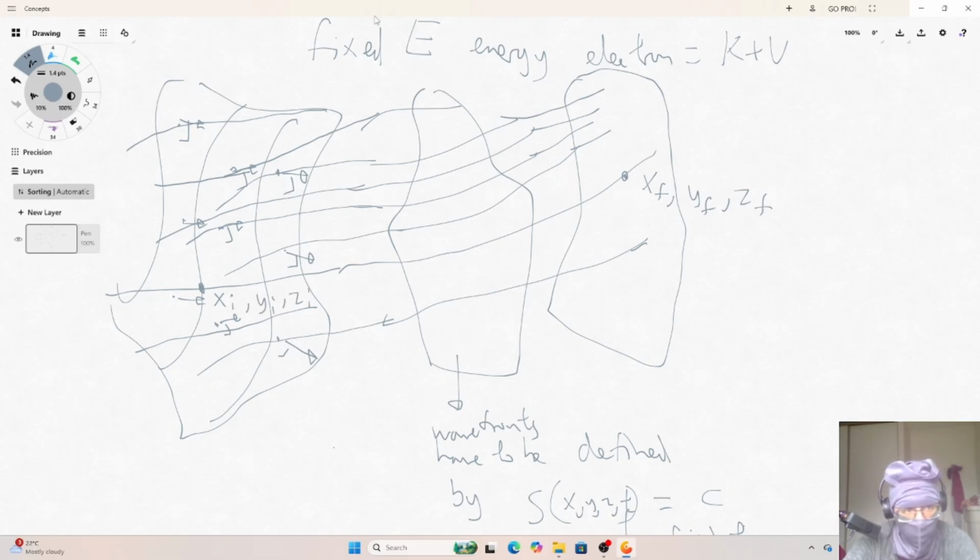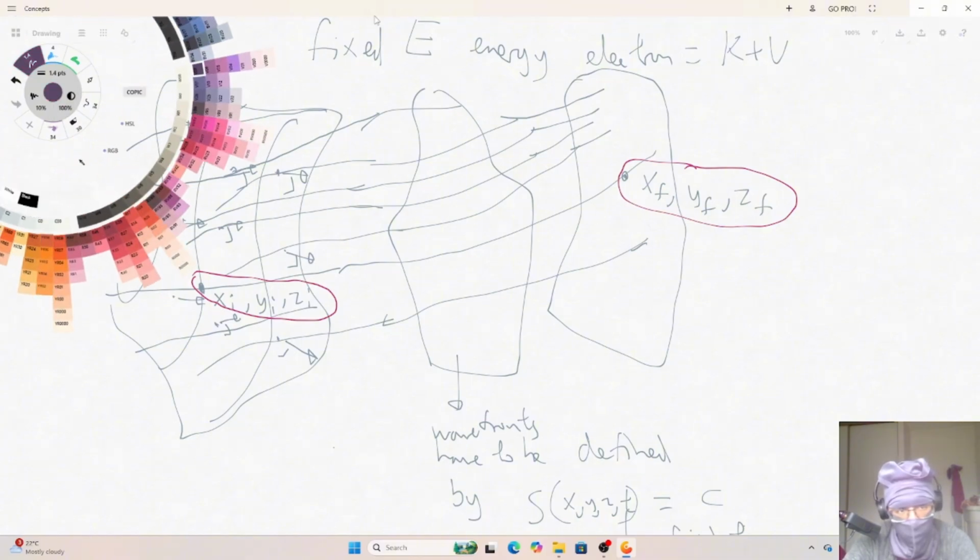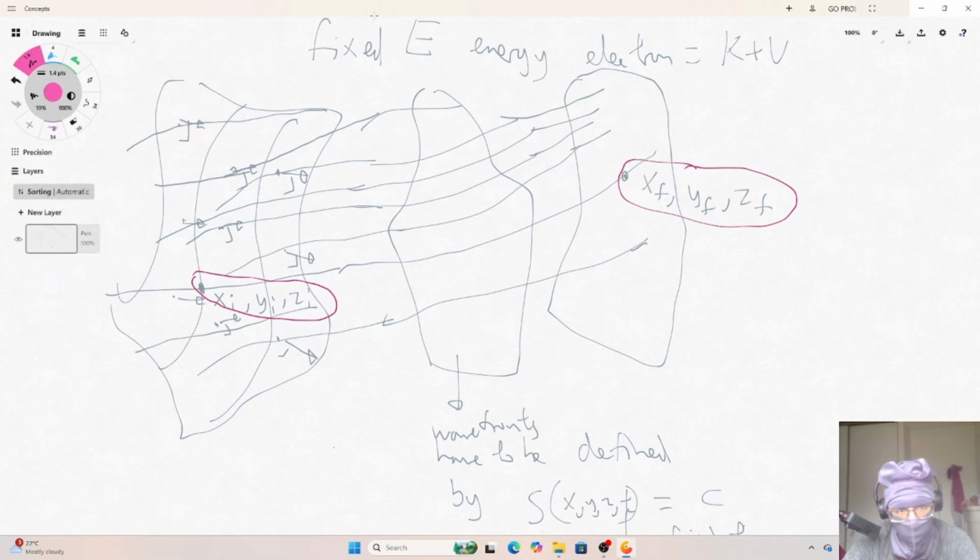I'm just going to make it more clear to you guys. And suppose, let's change color. Suppose that this surface is given by that, and that surface is given by that.